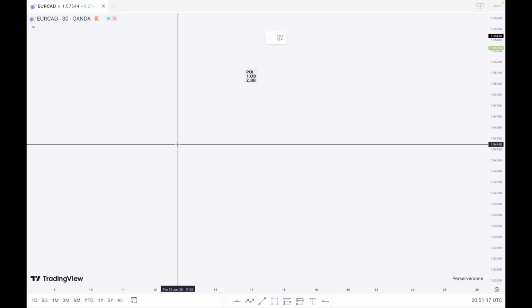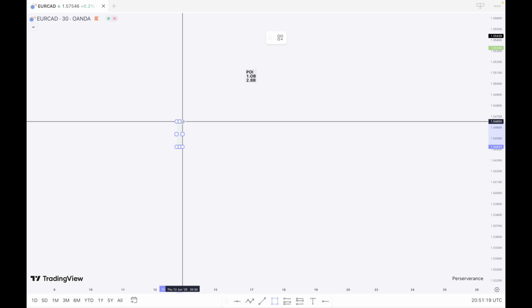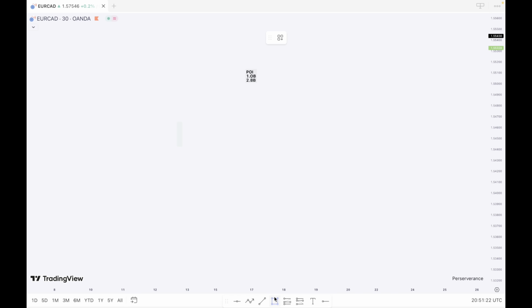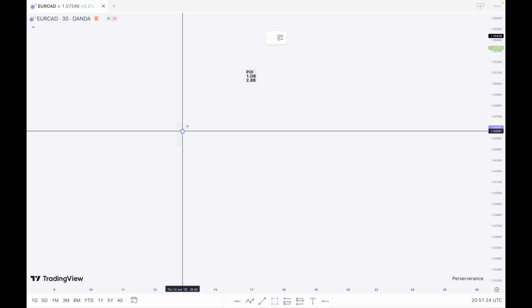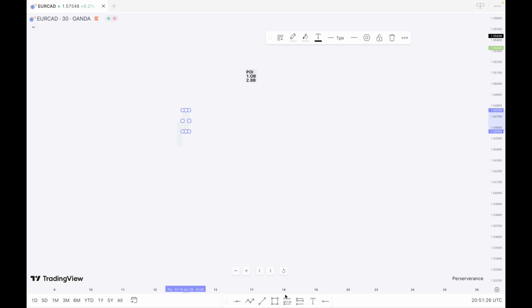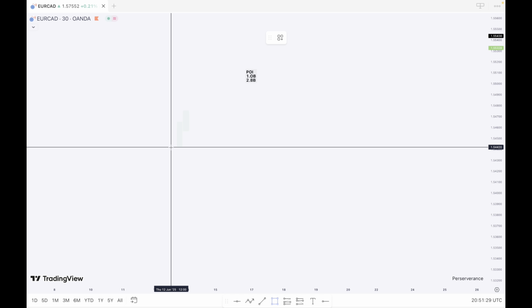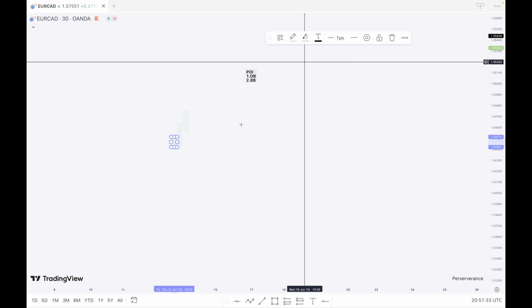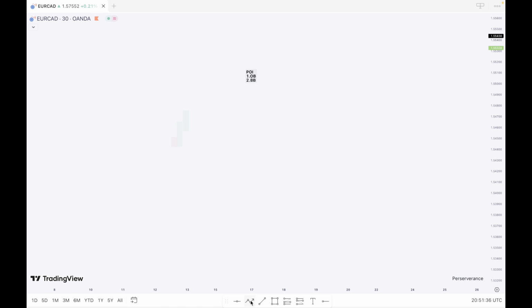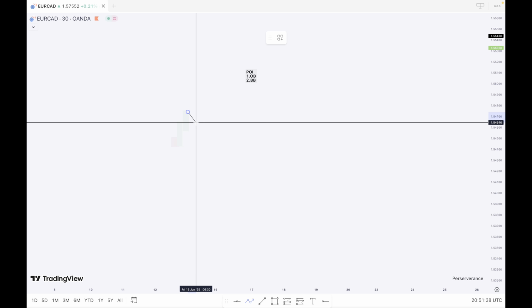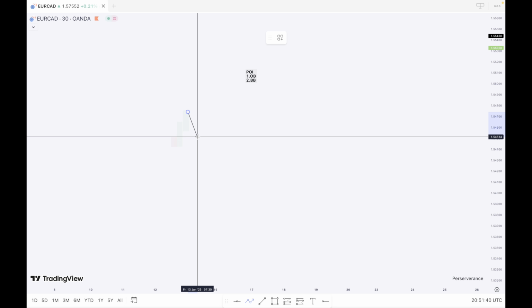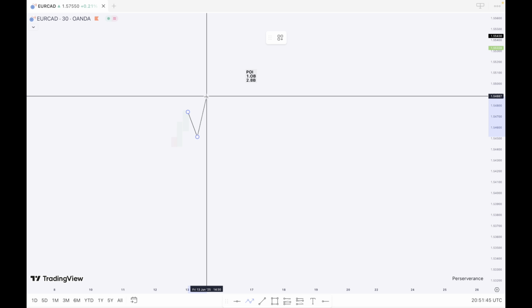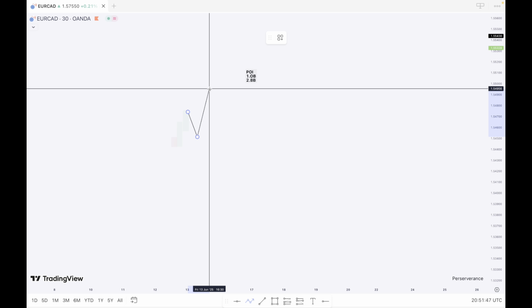What this means is that if we have an order block here, for example, let's say this red one is the order block. Now, if price is coming back, the market is supposed to respect this order block and then push back up in order for this to be an order block.